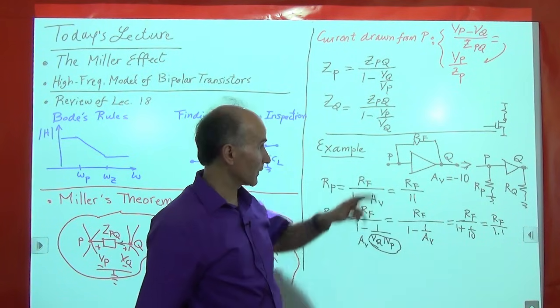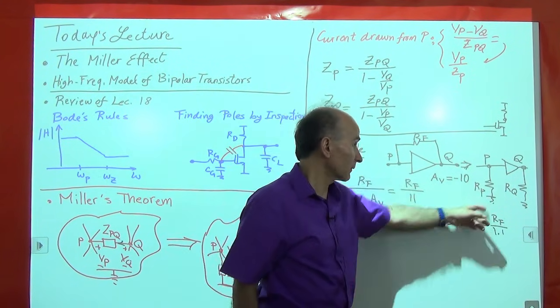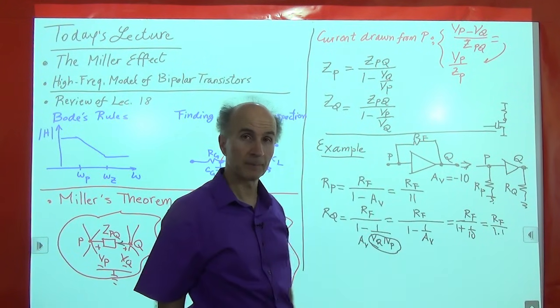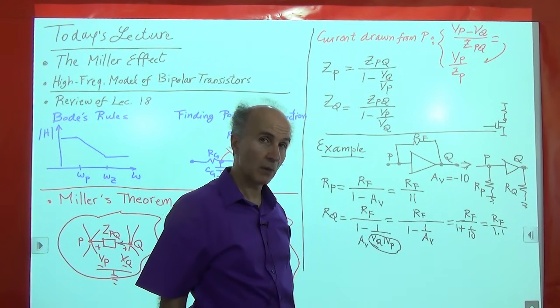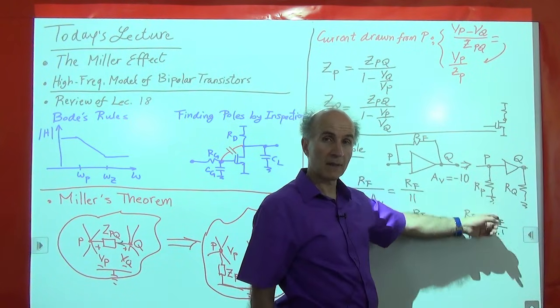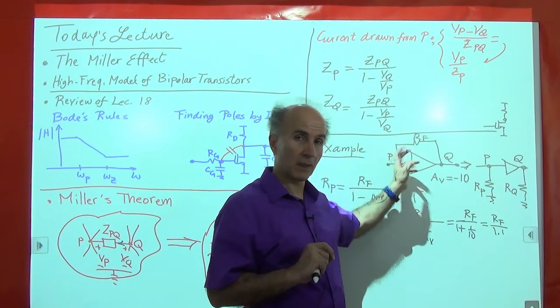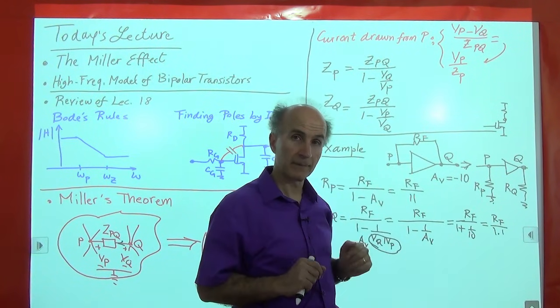The original resistor was RF, let's say 1 kilo ohm. The new resistor, the grounded resistor, is RF over 11. So, in other words, the input resistance of the circuit is this much, even though the original resistor that we connected between the input and output was higher.